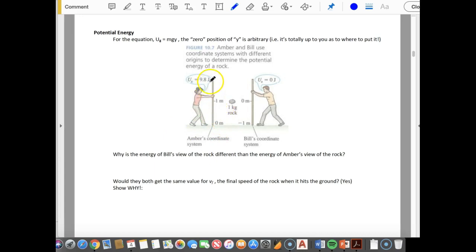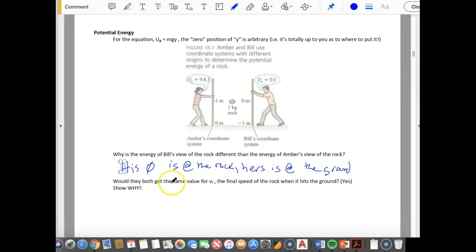Because of that, she sees that the rock has 9.8 joules of energy, and he sees that it has 0 joules of energy at this point. So why is Bill's view different? Because his zero point is at the rock, and hers is at the ground. That is the difference between the two.